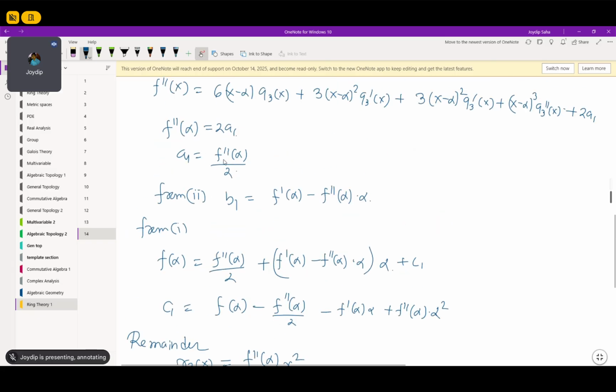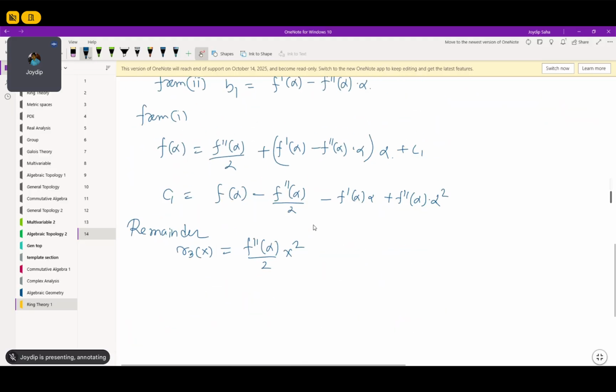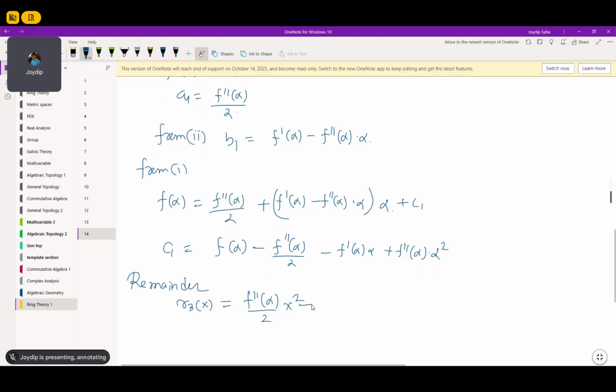Look at this value, plus b1 x. b1 is f'(alpha) - f''(alpha) alpha, times x, plus c1, that is f(alpha) + f''(alpha)/2 - f'(alpha) alpha + f''(alpha) alpha^2.